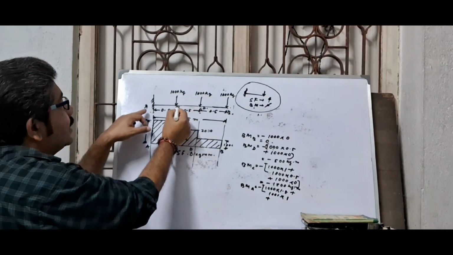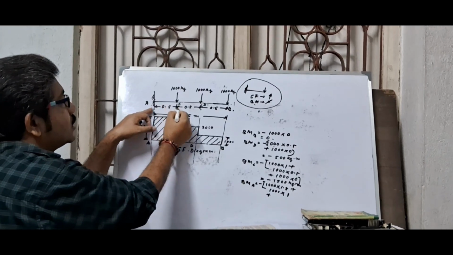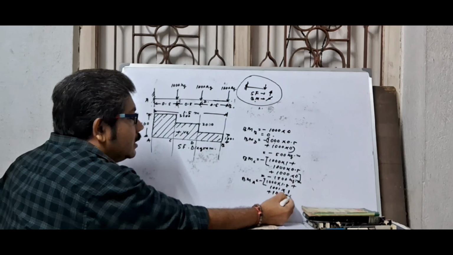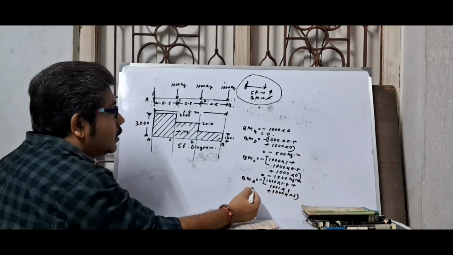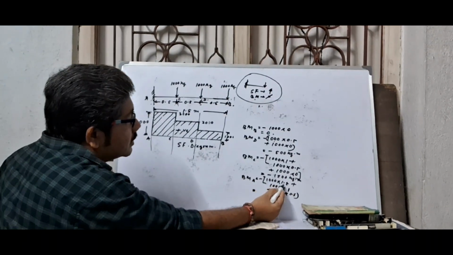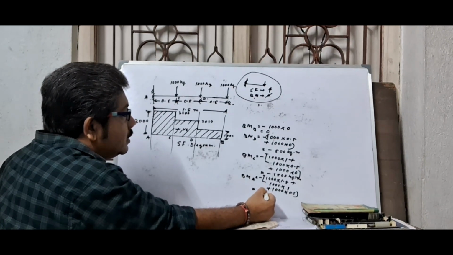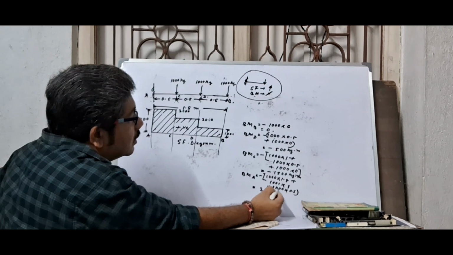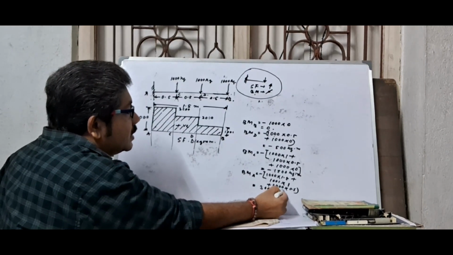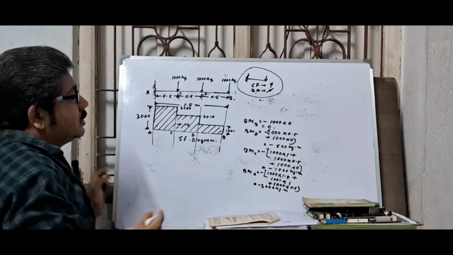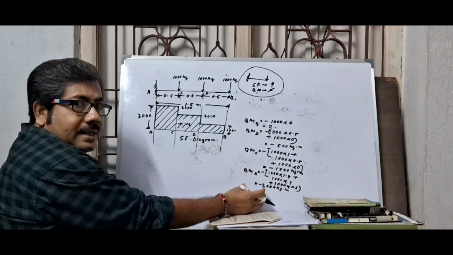For this load acting at point C, taking moment at point A, the distance is 0.5, that is 1000 into 0.5. So the total is 3000 kg meter, minus. These are the values of bending moment.